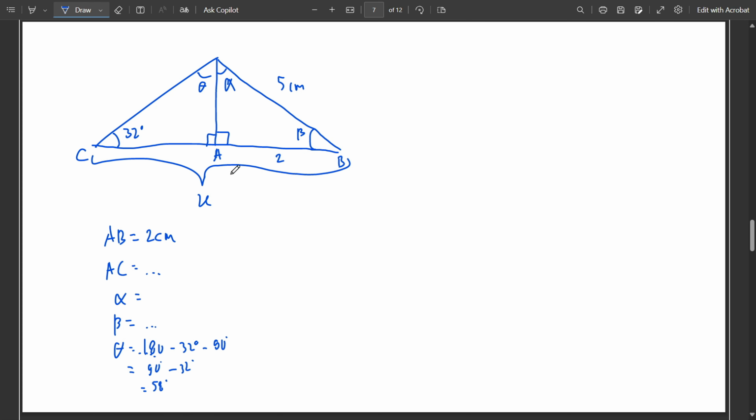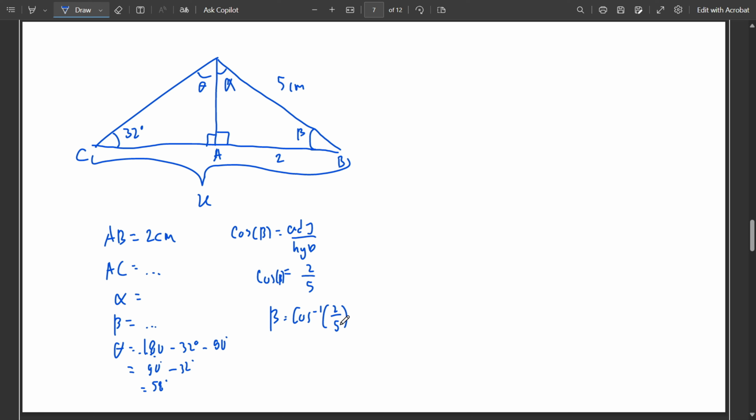So our cosine beta is equal to our adjacent over hypotenuse, so 2 over 5 is our cosine beta. And our beta must be cosine inverse of 2 over 5.